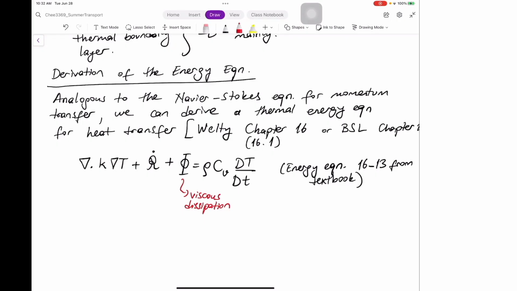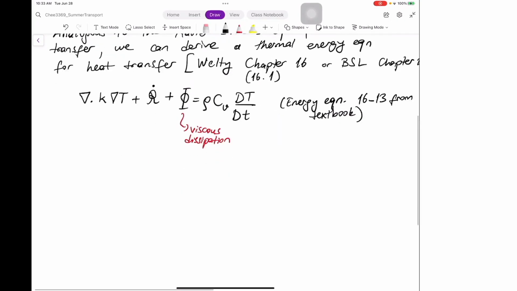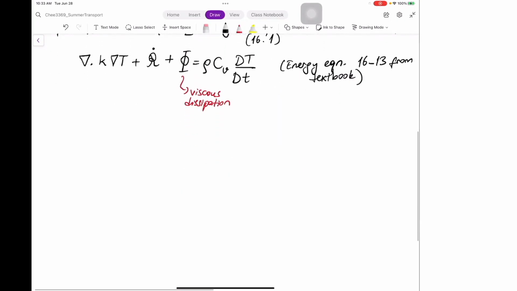Or if you rub your hands, they heat up. It's a similar effect. Viscous dissipation corresponds to the heat generated because of streamlines moving one on top of the other. Okay. Good. And R dot is any type of heat generation. So let's derive this equation.